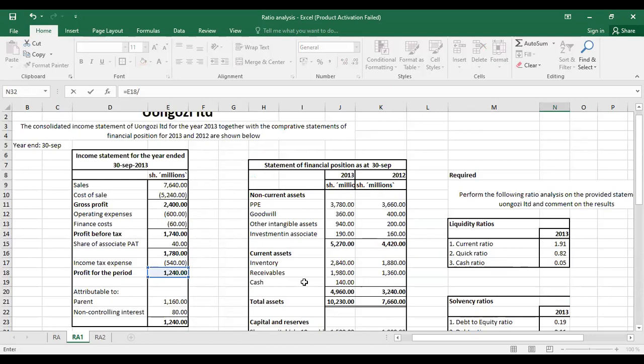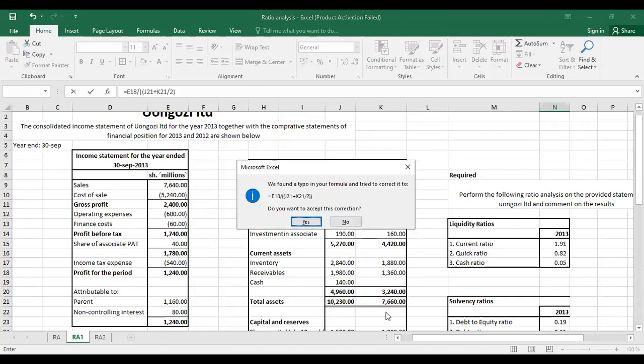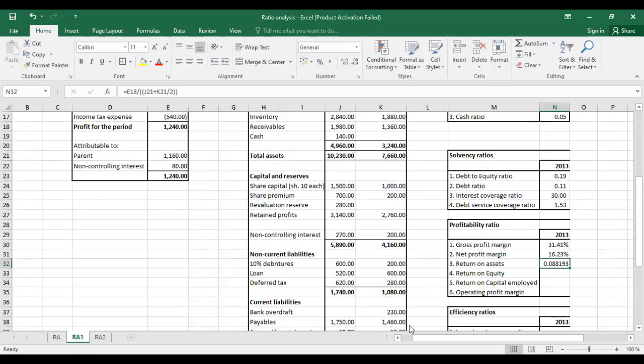So you open two brackets, the average will be this one plus this one here, divide by 2, then you close the bracket. Control enter. We'll go at two decimal places. Maybe we add one to see where exactly it is.